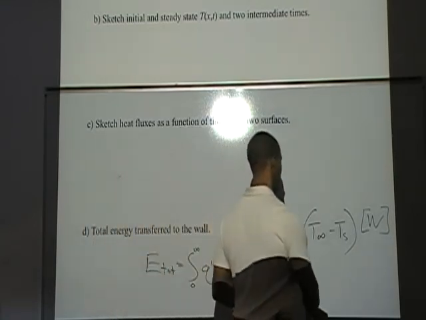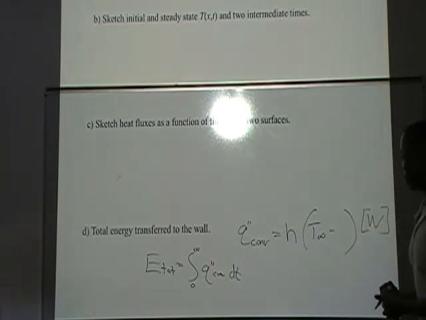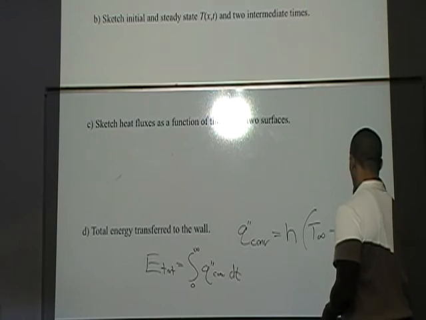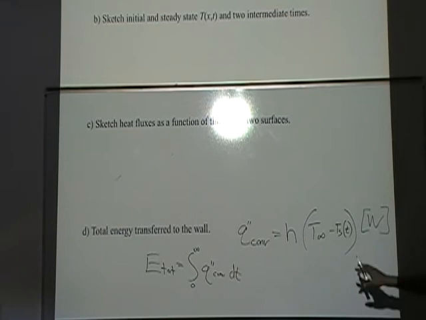In this case, we know that our surface temperature, we already talked about this, and I'll draw it explicitly. Our surface temperature is a function of time. It's changing with time.